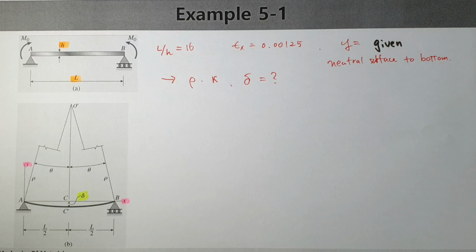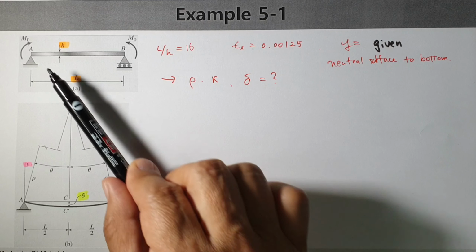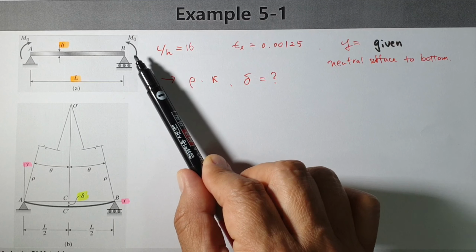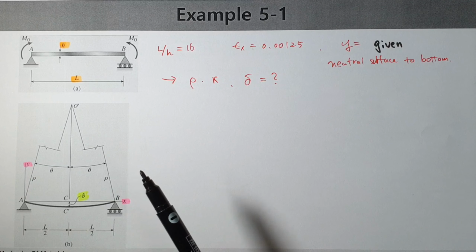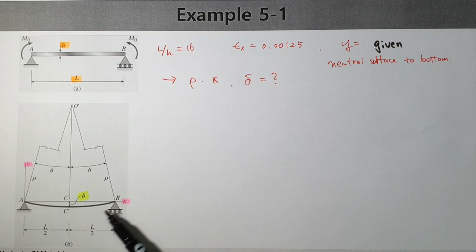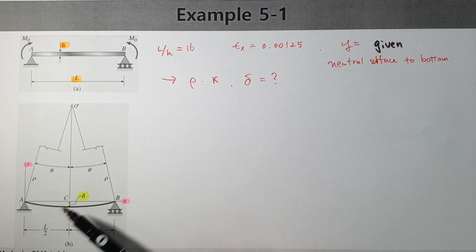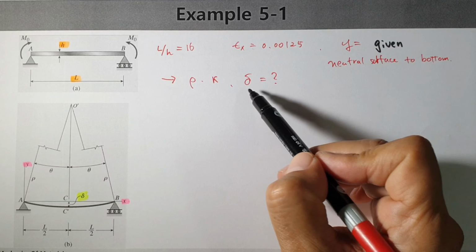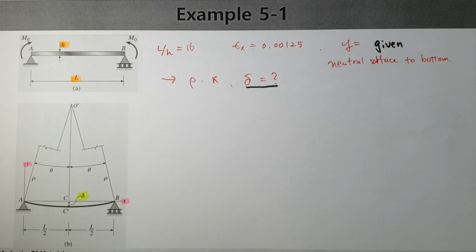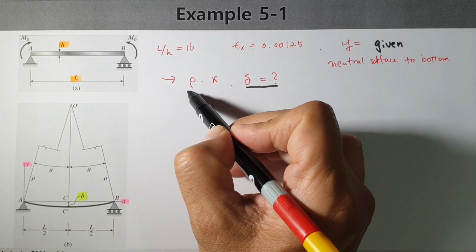Okay, when you think about this problem again, we have a beam element and an applied moment, and the shape is changed like this, and we would like to calculate the deflection, the change in the middle. In order to find that delta value, we would like to calculate delta and the radius of curvature and curvature. At first, let's think about the radius of curvature.